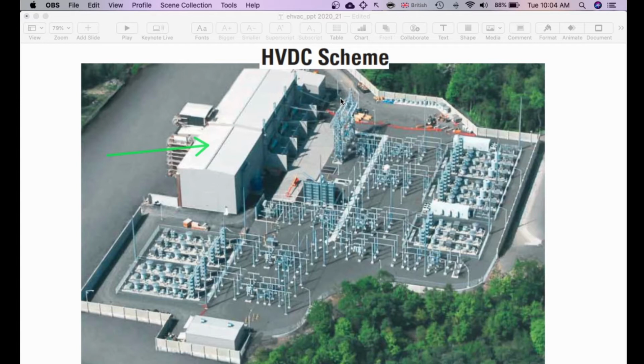So converter will have a rectifier, and the receiving end, the other substation, maybe at some far location, will have a similar type of construction, and inside it there will be an inverter. This building, which is indicated here, is in the form of valve halls. This is called a valve hall or converter building. It is a complete enclosure with a thorough cooling arrangement inside.